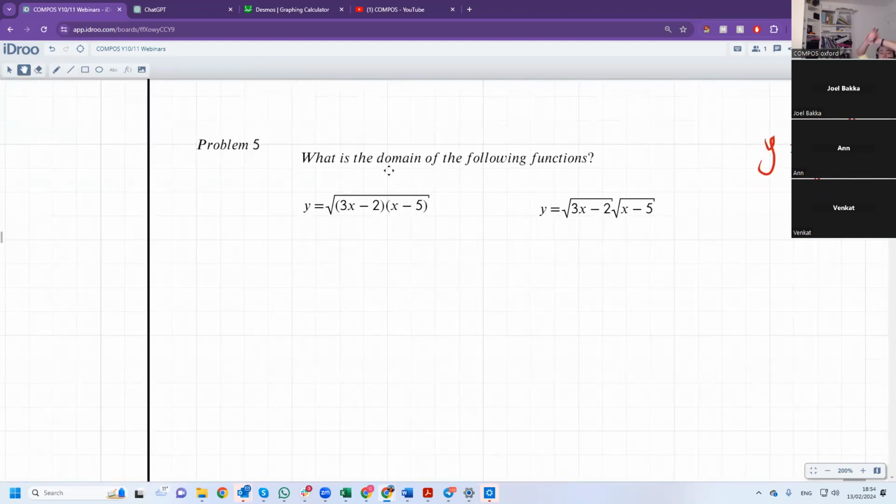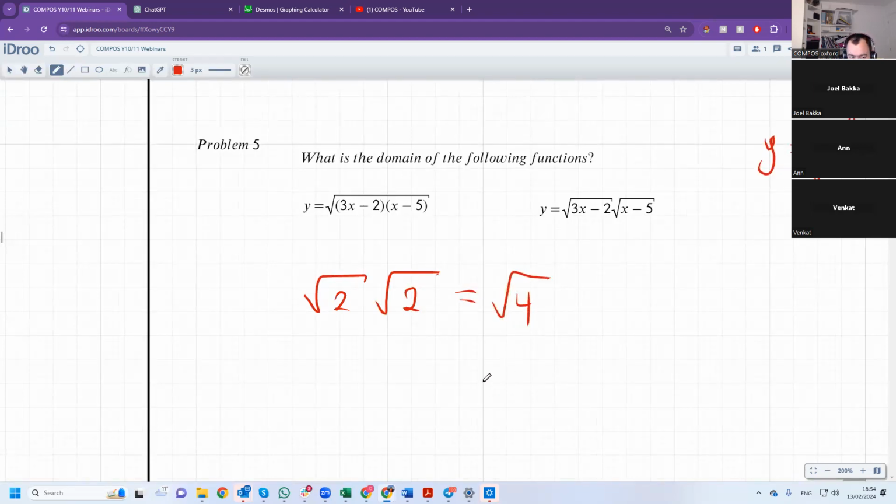And the two functions, they look identical. They look almost like the same thing because, well, don't we know that the square root of 2 multiplied by the square root of 2 is the same as the square root of 4, which is 2. And square root of 2 times square root of 2 is 2. So it's kind of, what's the difference between them?